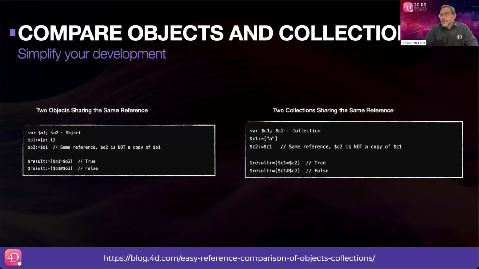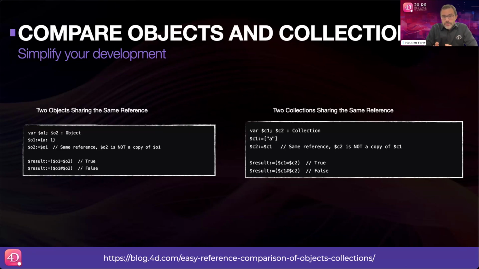Let's talk about comparing objects and collections. In 4D 20R6, comparing object references is now easier than ever by using the equal and different operators. They allow you to determine if objects or collections share the same reference or are distinct. For instance, when you declare two objects and assign one to the other, they share the same reference.